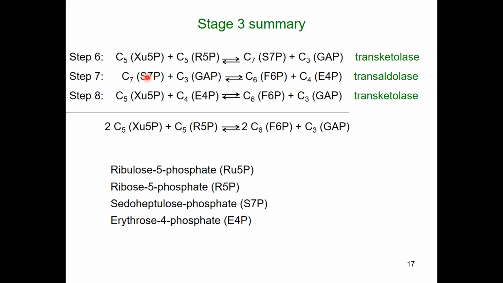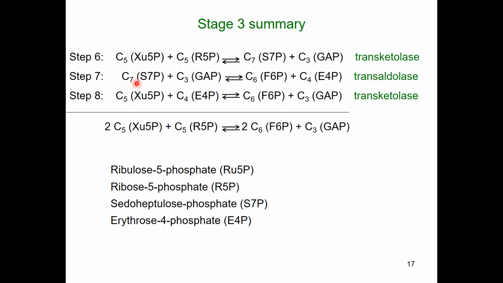So step 6 involves the reaction between xylulose 5-phosphate, which is a ketose, and ribose 5-phosphate, which is an aldose, to produce pseudoheptulose 7-phosphate, a ketose, and glyceraldehyde 3-phosphate, an aldose. Transfer of 2 carbon units is catalyzed by transketolase. Then the product of step 6 becomes the reactant of step 7.